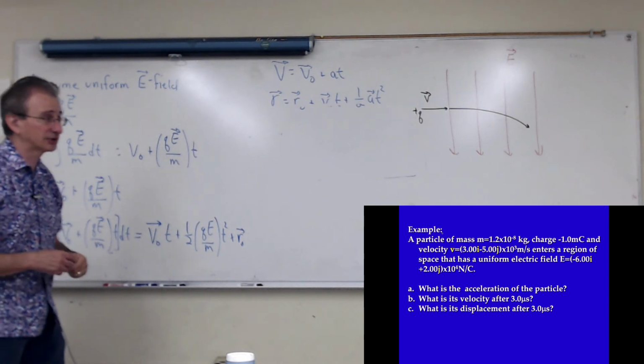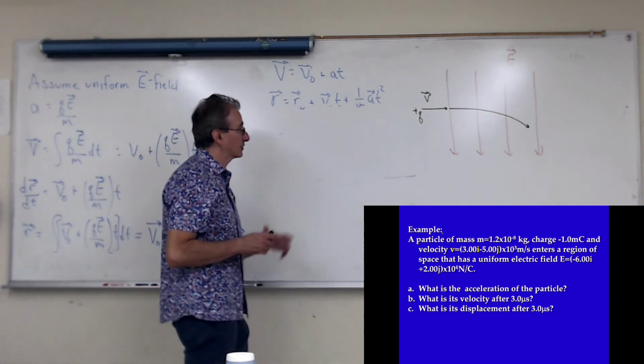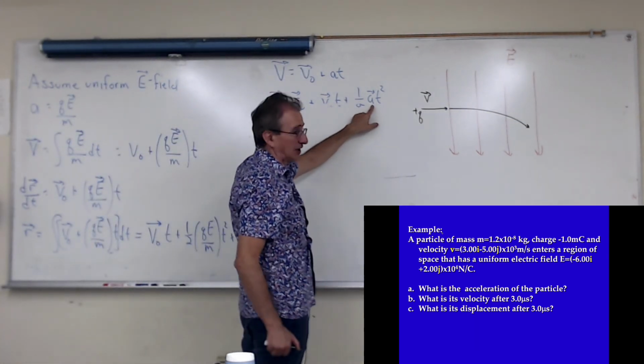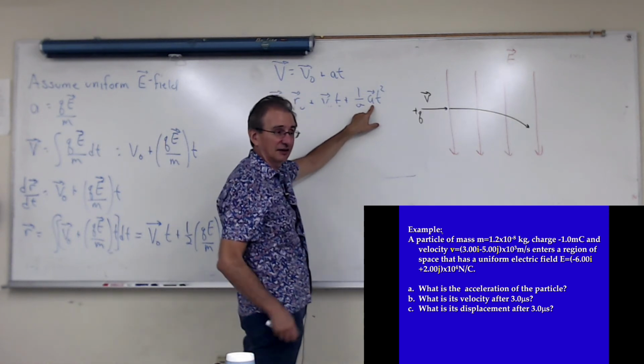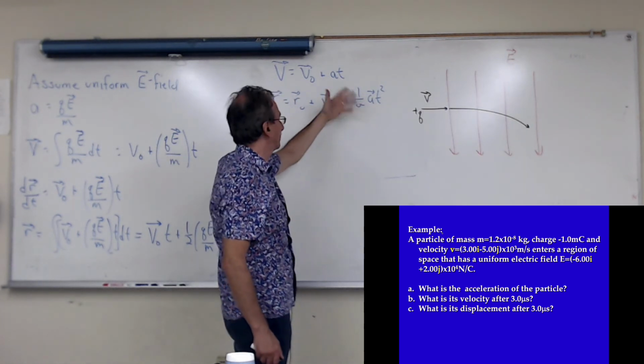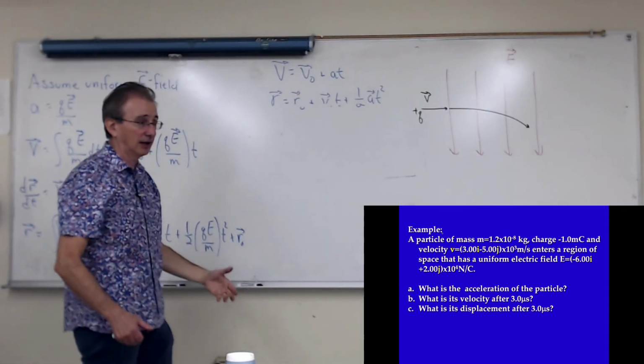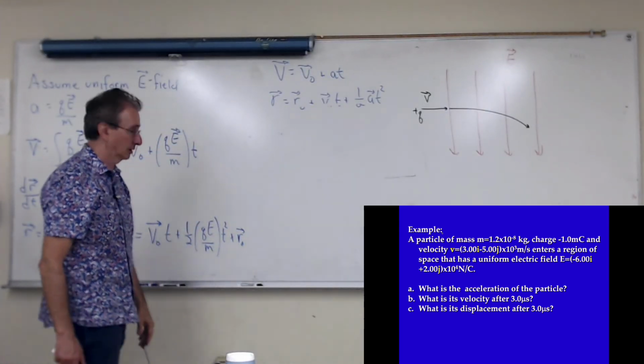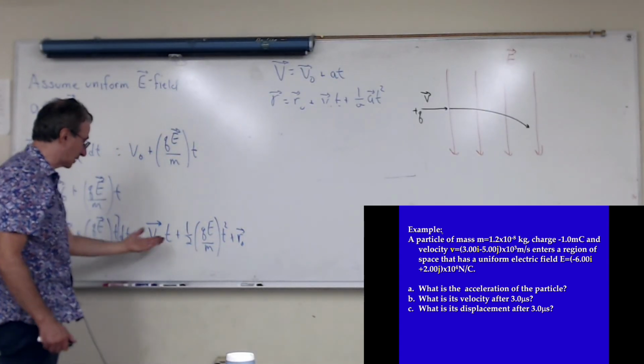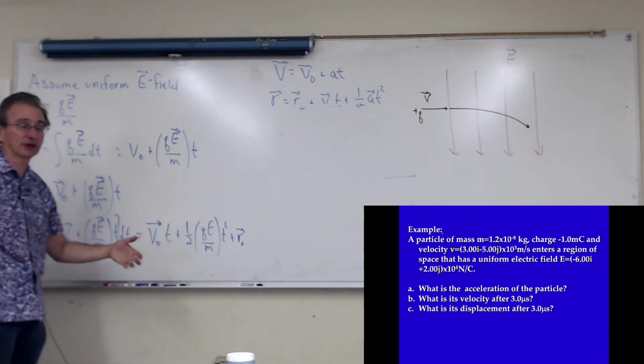It's motion at constant acceleration. Okay, for some reason, assigning a different letter here makes the problem different. It doesn't. The math is the same. It's a vector and the trajectory is parabolic if the acceleration is constant. Okay, so this is motion at constant acceleration. We're assuming the electric field is uniform and constant.